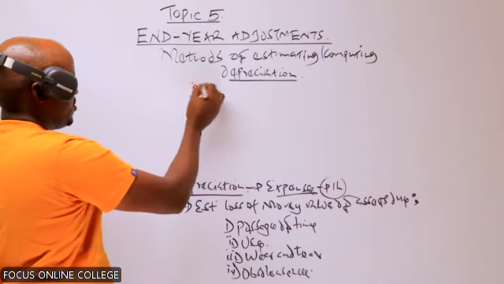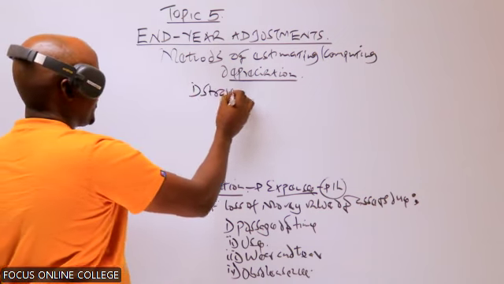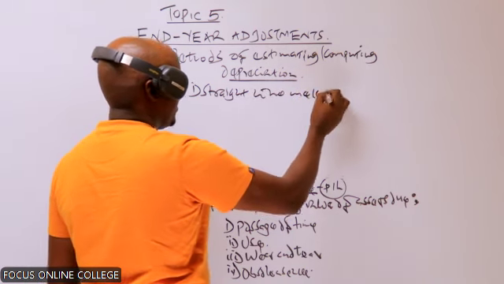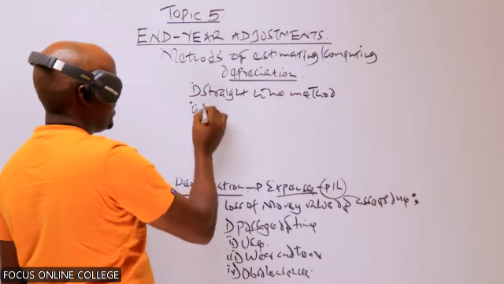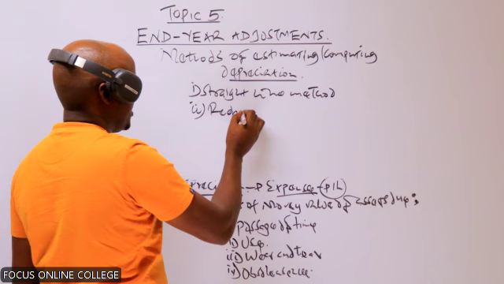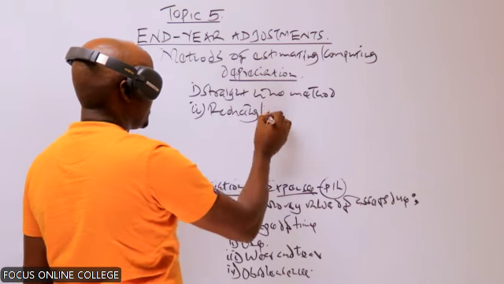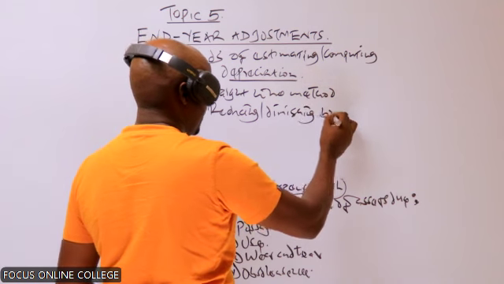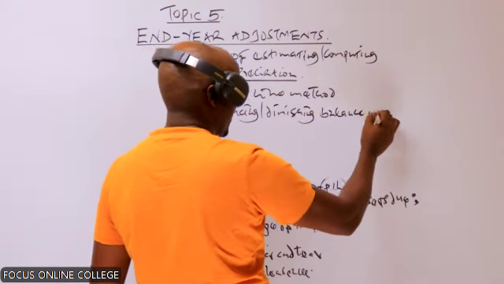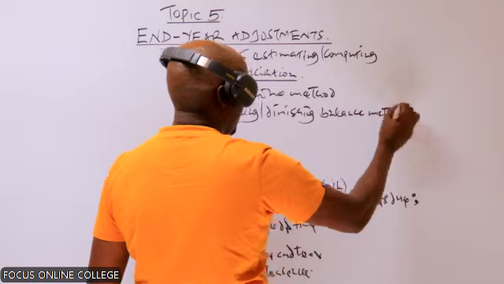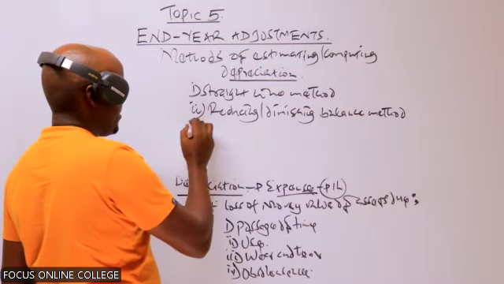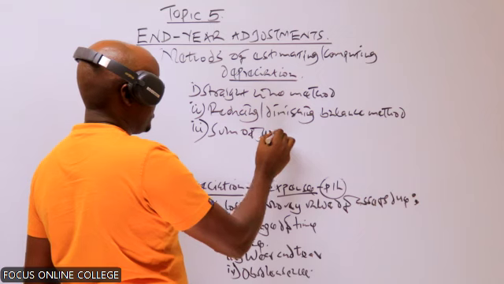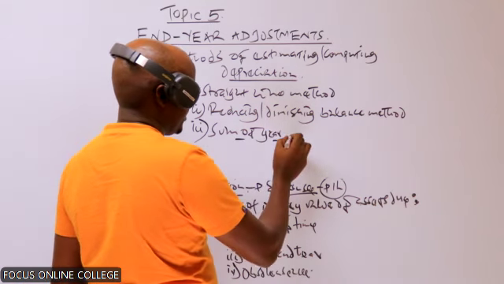Now here we have various methods. The first one is called the straight line method. Number two, we have the reducing balance method, also known as the diminishing balance method. Number three, we have the sum of years digit method.